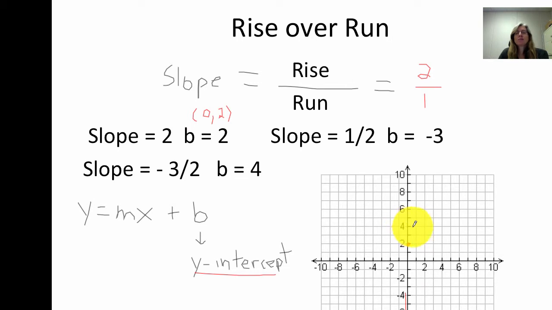And because it's positive, we go to the right. If it were negative, we would have had to go to the left. So we begin on the point, the y-intercept, we go up 2, positive 2, we go over to the right 1 because it's a positive 1. That's rise over run, and that tells us where the next point is. We draw the point. We can keep doing this, up 2 over 1, up 2 over 1.